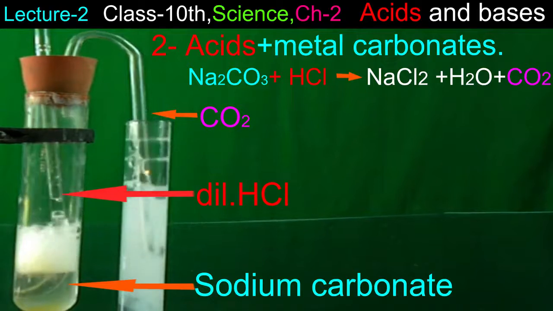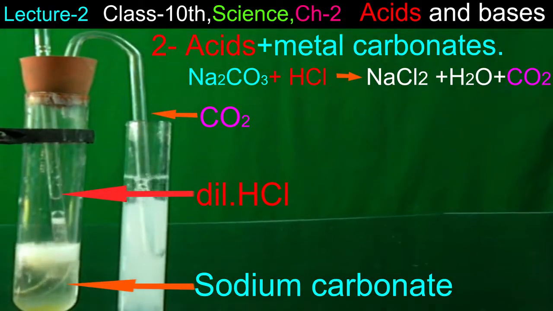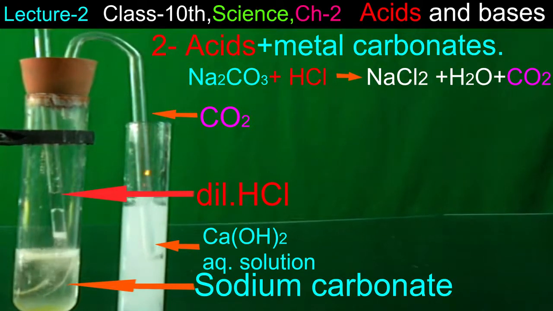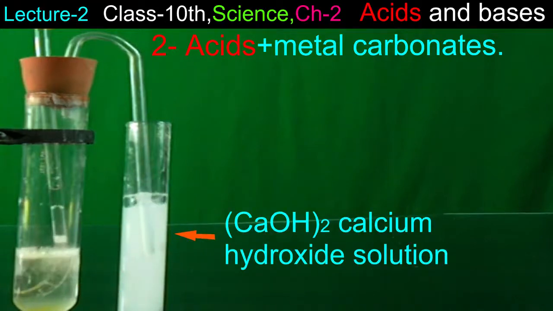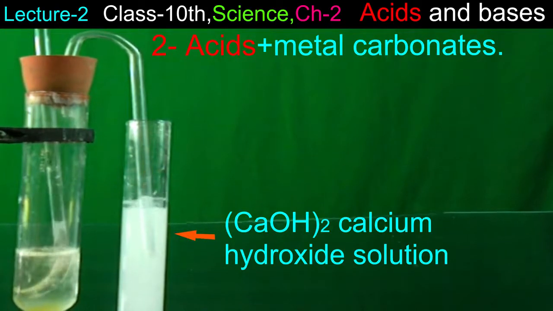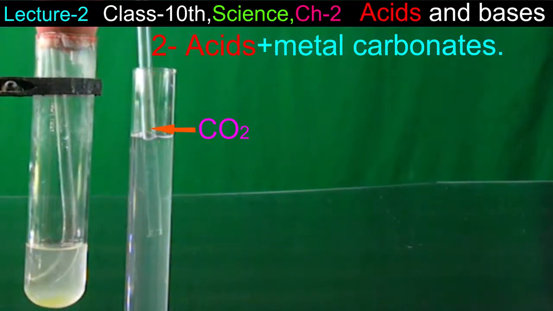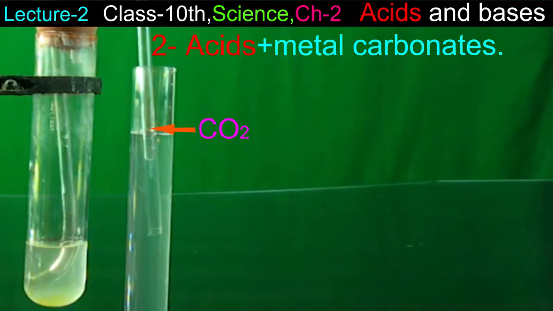This is CO2. On passing this gas through calcium hydroxide solution, which has been freshly prepared, initially it turns milky, because of formation of calcium carbonate, which is insoluble in water. On further passing CO2, calcium carbonate converts into calcium hydrogen carbonate, which is soluble in water, and hence water turns transparent.